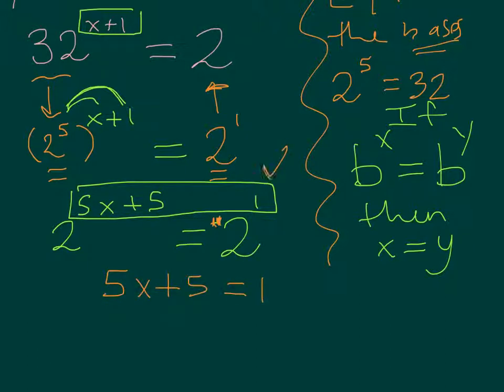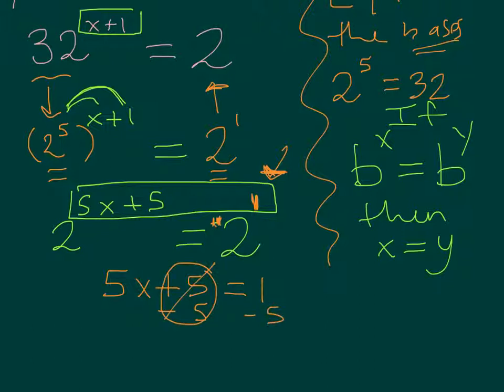The one thing I want to emphasize is this 1. What some of you did is you put a 0 instead. So be careful: when you have a number, it is raised to the 1, not 0. From here I'm going to solve for x, so subtract 5 on both sides.